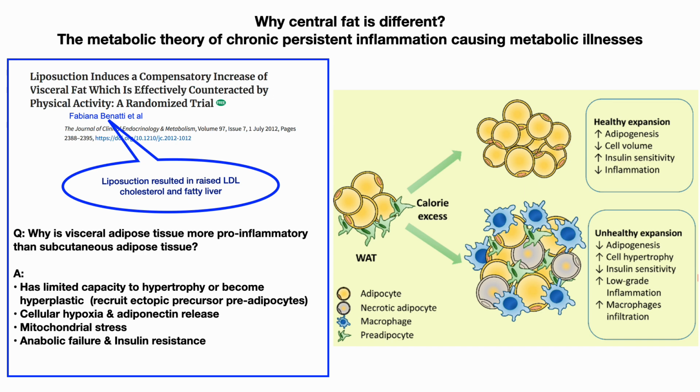So what happened? They developed an illness that they didn't have at the same weight. So their weight didn't change, but their pattern of obesity became central fat, which is inflammatory fat, and hence their LDL increased and cholesterol and fatty acids.